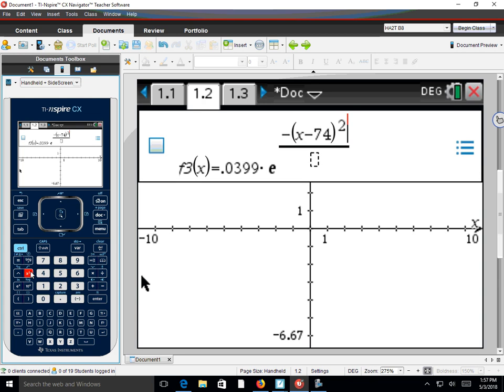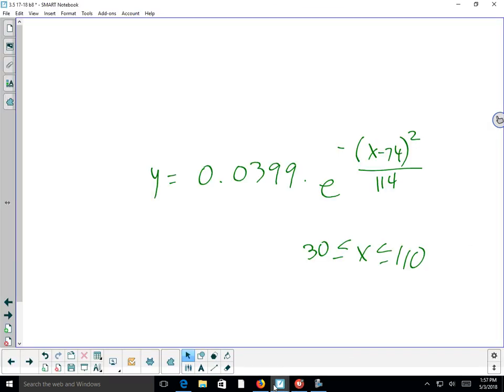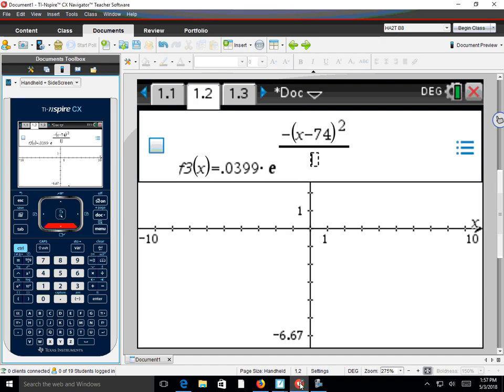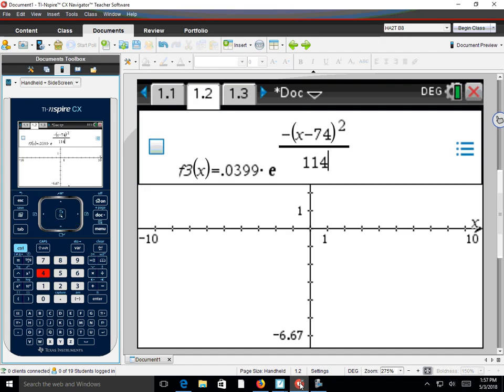Quantity squared over 114. Does that look okay? Yes? Calculator. Does it look like a straight line?